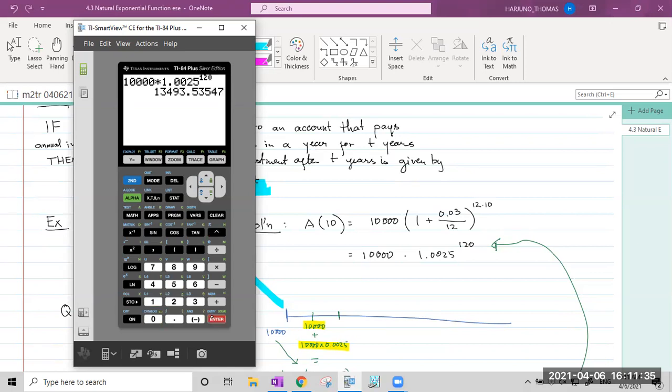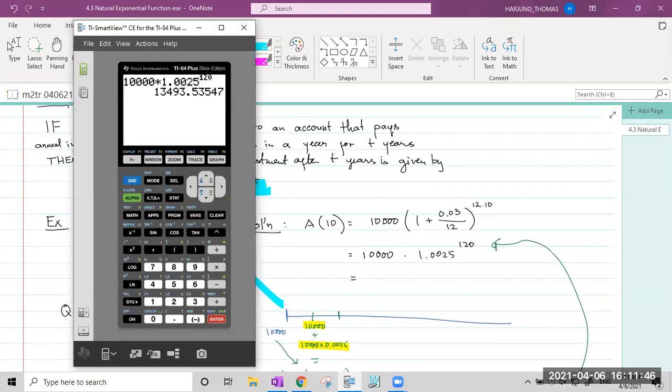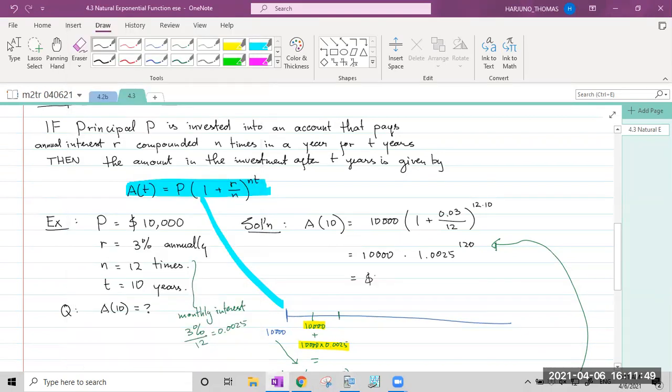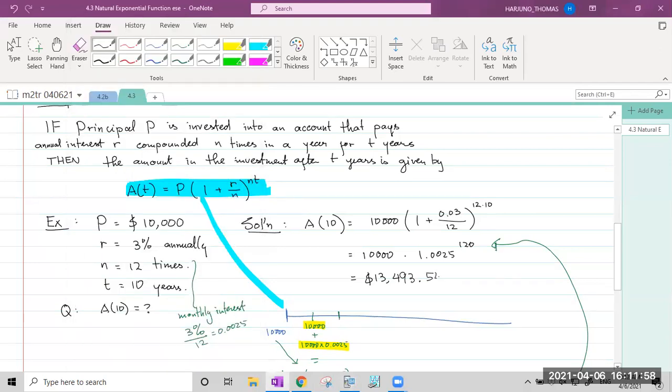That's $13,493.54. That's how much money you will have at the end of 10 years if you deposit $10,000 right now in an account that pays 3% interest annually, compounded 12 times a year, basically monthly, for 10 years.